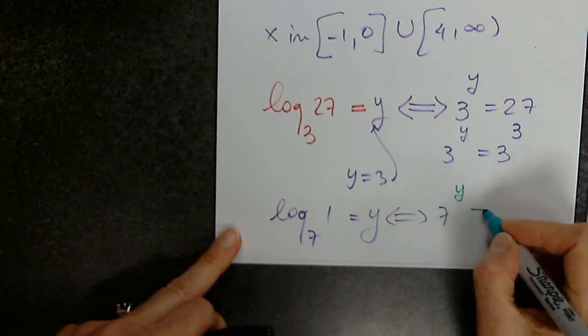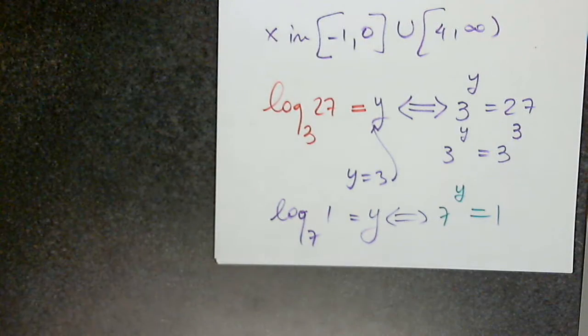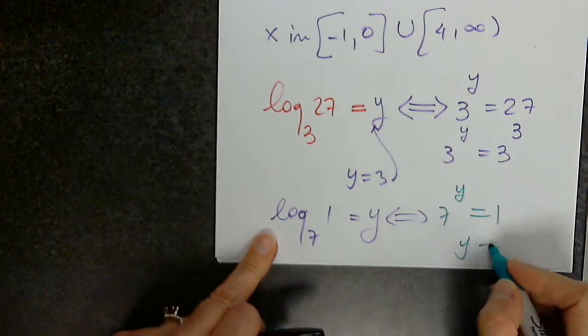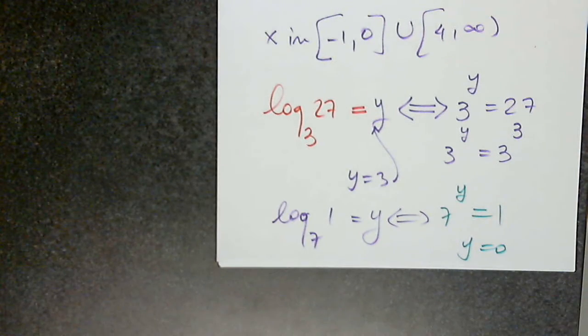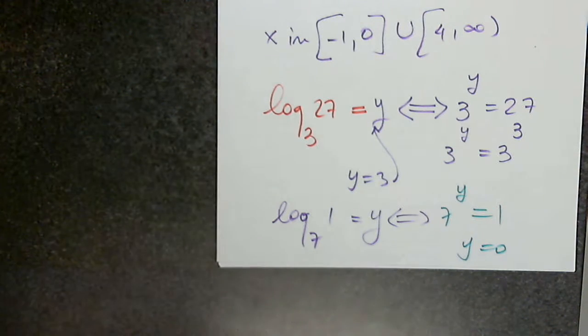Very good. 7 raised to y equals 1. And now all I have to do is think. Because I can make 7 and 1 with the same base, but I can think and say, what do I raise 7 to get 1? 0. Awesome. Indeed. There is only one answer. Y equals 0.